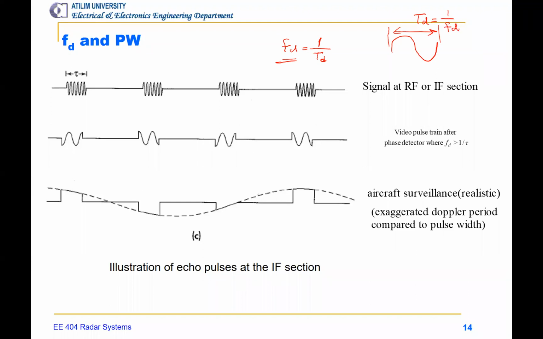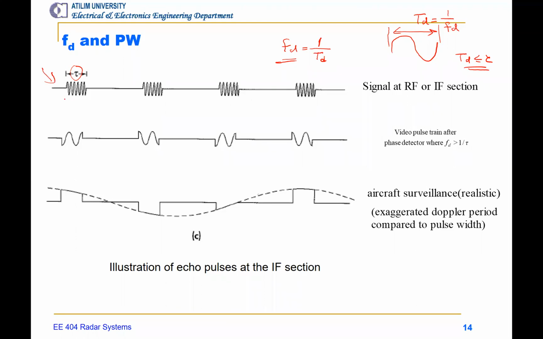So we can take a Doppler shift duration over time, and if TD is less than or equal to tau, then I can measure Doppler shift using a single pulse. So this shows that case.